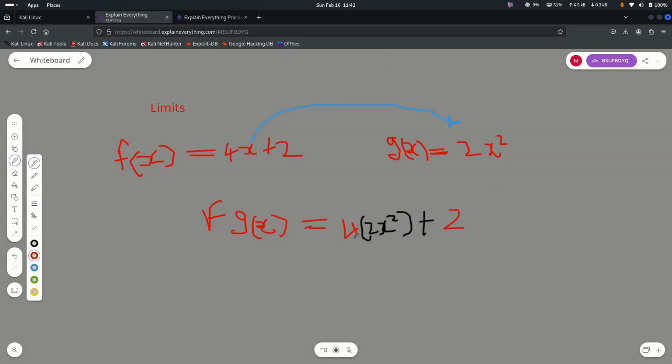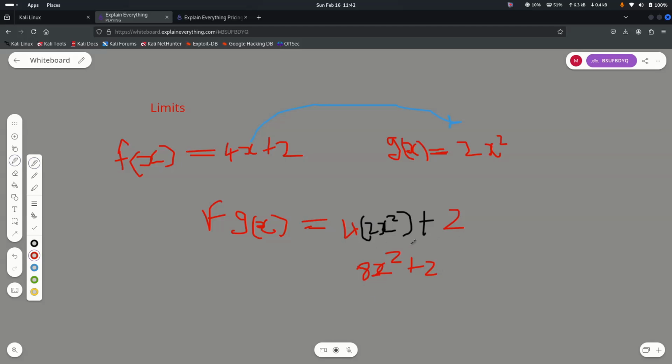We are going to have 4 multiplied by 2x squared, which is going to be 8x squared plus 2. So this is our final answer.